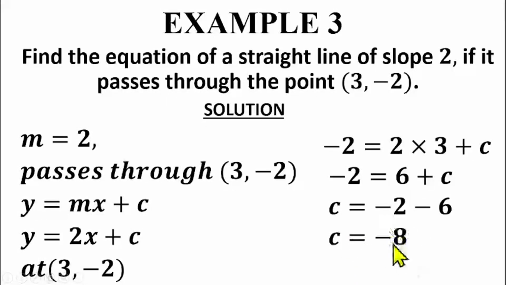So that means the y-intercept is what? Minus 8. So return that here. So that will be y equals 2x minus 8, which is the equation of the straight line that we are looking for. So the equation is y equals 2x minus what? Minus 8. We understand this as well.